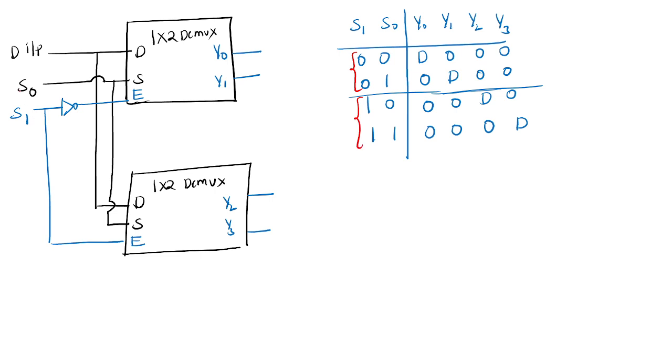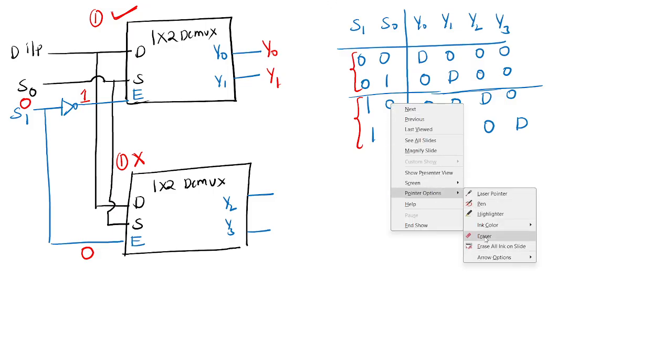So when S1 equal to 0, this becomes 1 and this becomes 0. So in the first case, this demux will be active and this demux will be deactive. So you are getting the output from Y0 to Y1. Is it fine? Fine, sir.